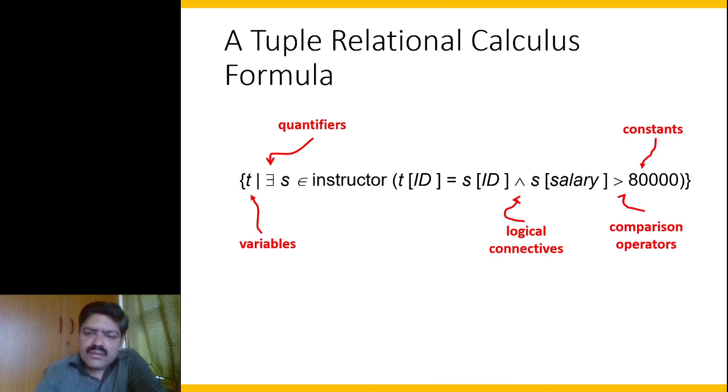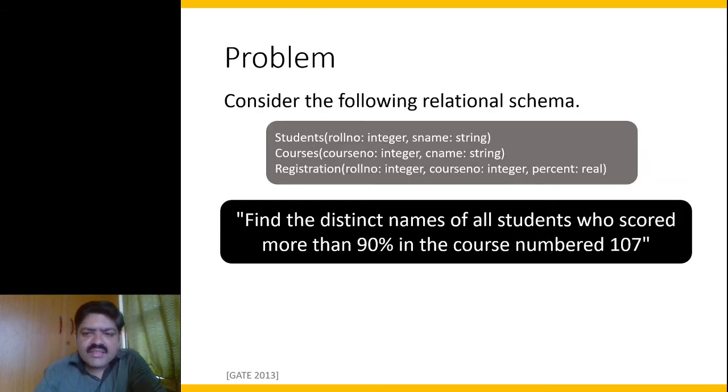A TRC formula has the following components: variables, quantifiers, logical connectives, comparison operators, and constants. Let's consider a problem. Consider the following relational schema involving students, courses, and registration.